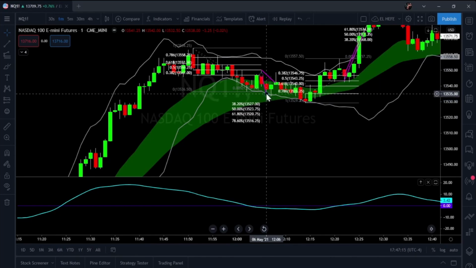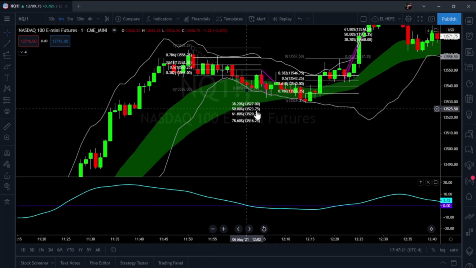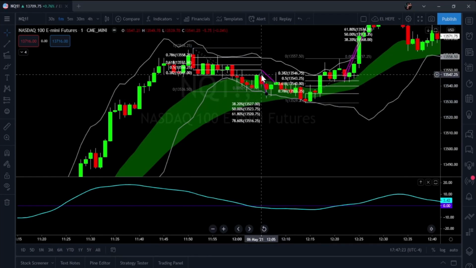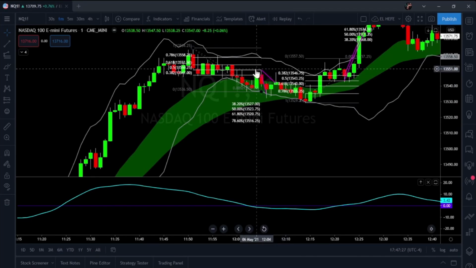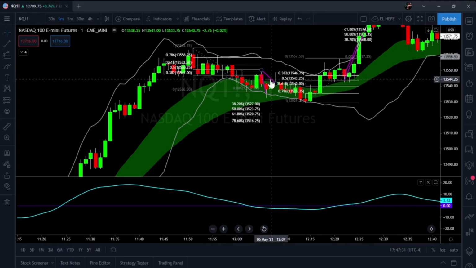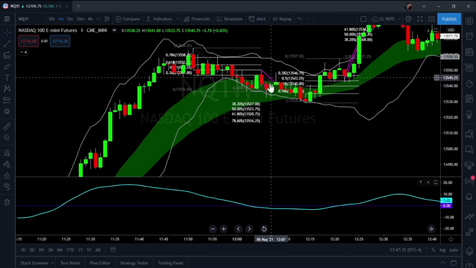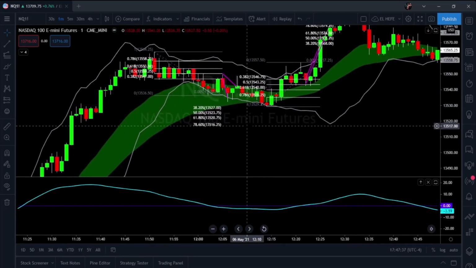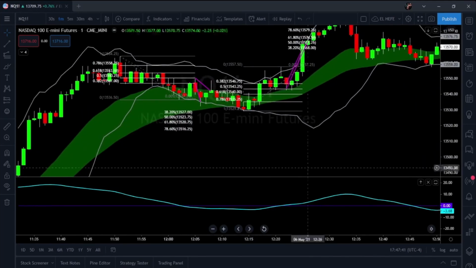Immediately the next candle, I'm out of the 382, and I'm pulling my stop down to break even. We never hit target, so I got stopped out for basically break even on this 0.5 pullback. So that was very little in terms of trade goes: one target hit, the other break even.